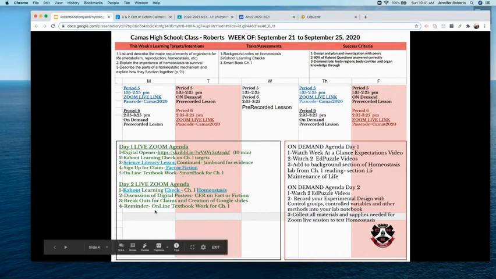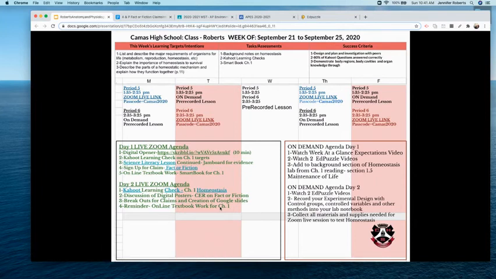A reminder, continue to work through that online textbook work. So keep at the SMART books and keep reviewing. This particular chapter is super heavy in Latin and Greek terms that are all new. So this chapter probably has 5 to 10 times what we're going to see in other chapters as far as new vocab.